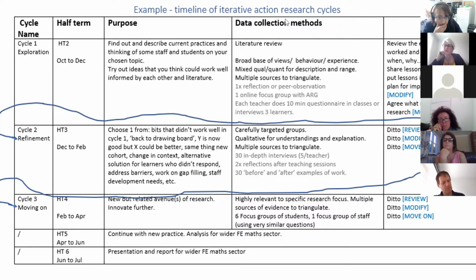So you might have a research aim and some questions to start off with that you and your teachers want to investigate. Of course, those research questions or aims and objectives might shift a bit between cycle 1 and cycle 2. Yes, and I think it'll help you see that shift as well.